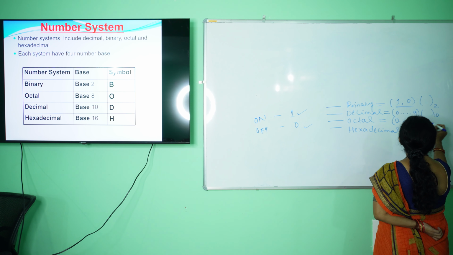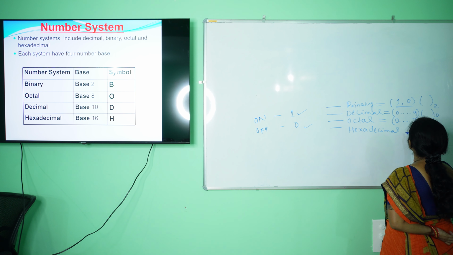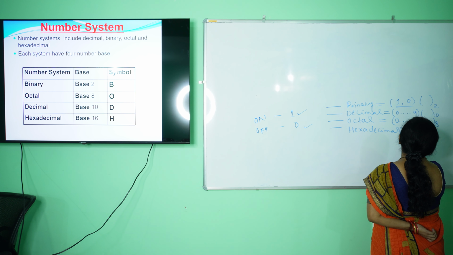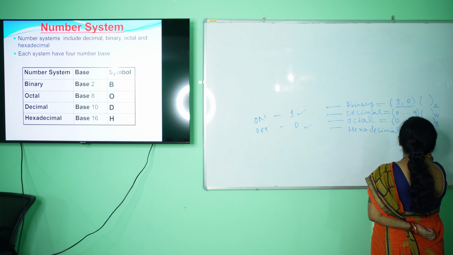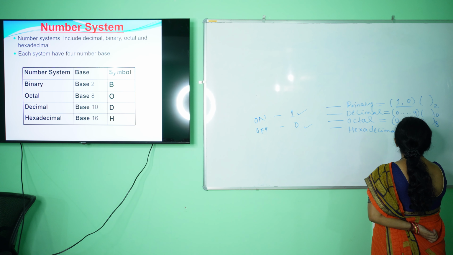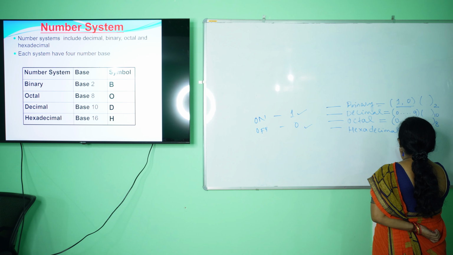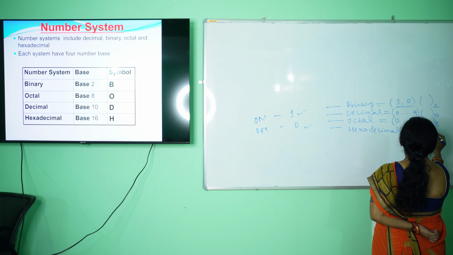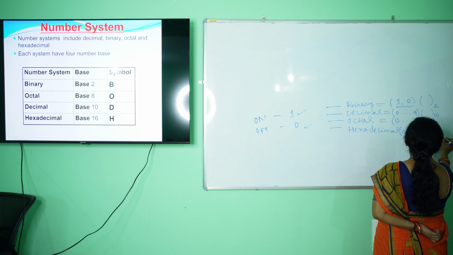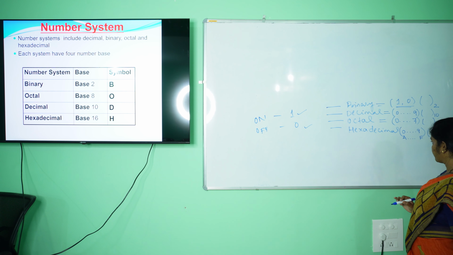That's why, since 8 numbers are there, its base is 8. Similarly, in the hexa number system, first of all, the numbers are 0 to 9, which consists of 10. And then it starts with A to F. Here 10 digits and here 6 alphabets, which includes 16 things, and this is called base 16.